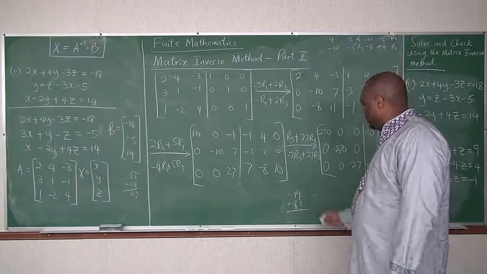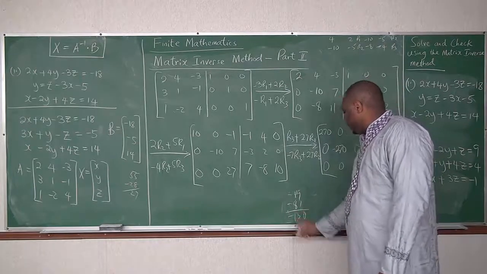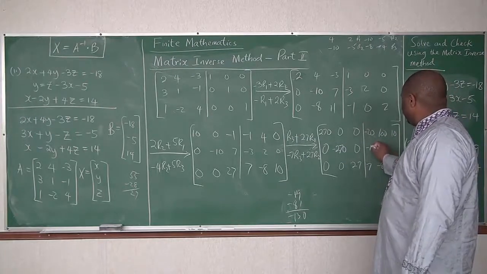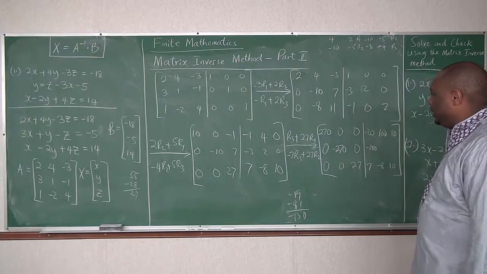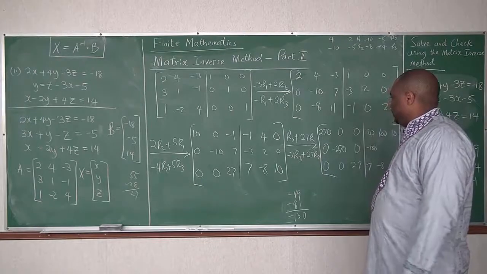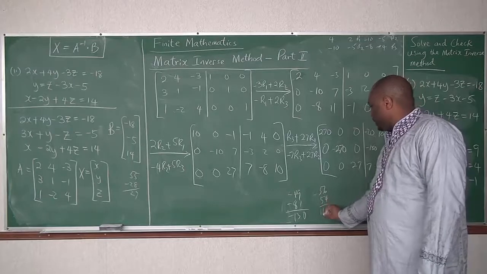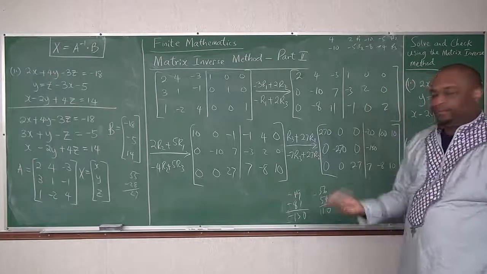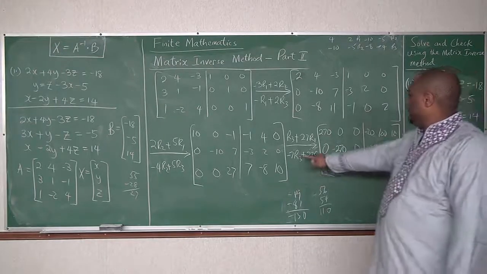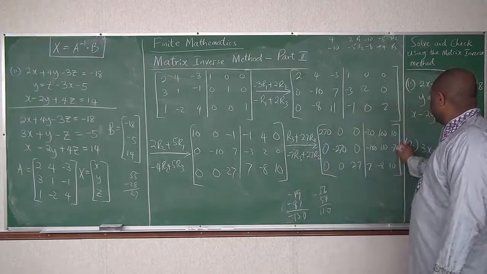Okay? So what is going to be minus 130. Then negative, negative 56. 56 plus 54 gives what? 110. 56 plus 54 is 110. So 110. Then negative 70. Negative 70 plus 0 is negative 70.